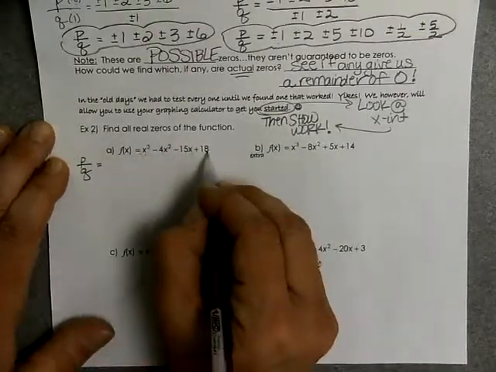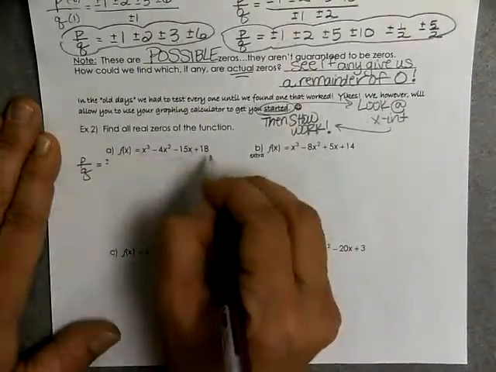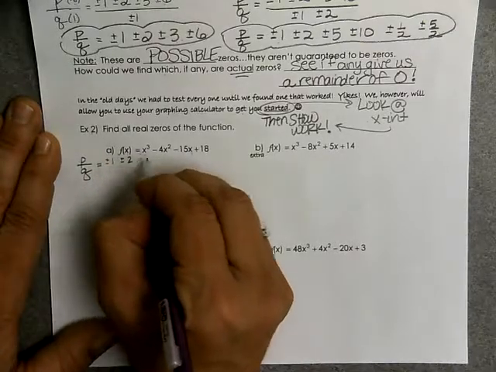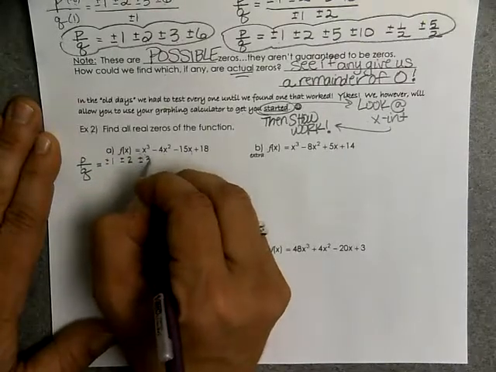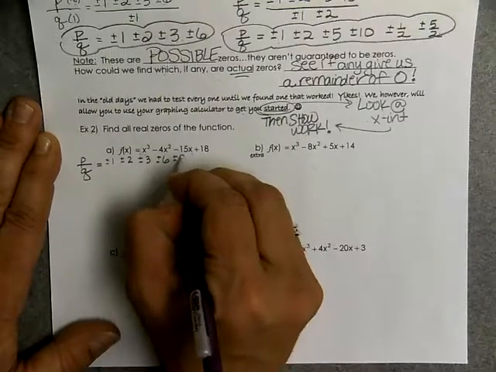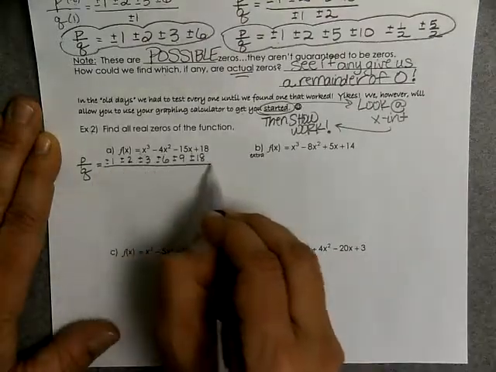So we would think about our possible rational zeros. We think about our factors of our constant 18. So we have 1, 2, 3, 6, 9, and 18 for our possible factors.